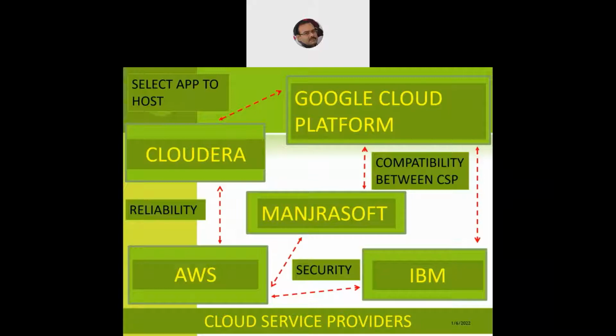So there could be so many issues of incompatibility between different cloud service providers. One may be very supportive, another may not be that supportive. So there could be a problem in compatibility and understanding between the different CSPs also.